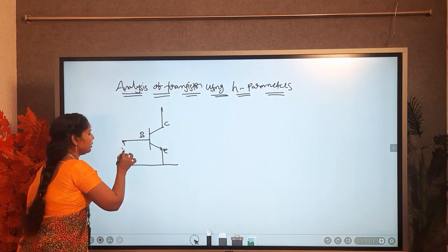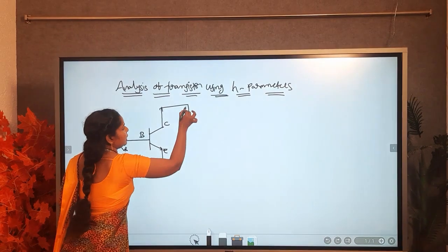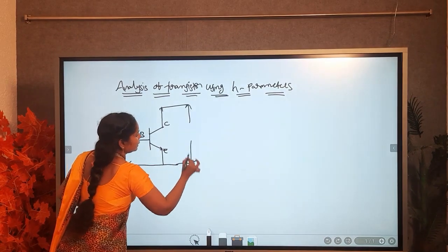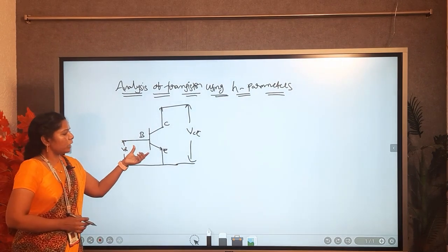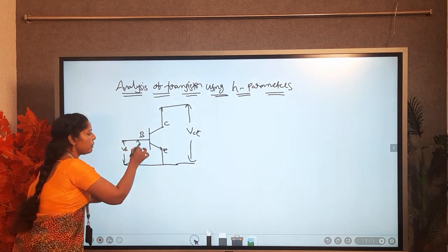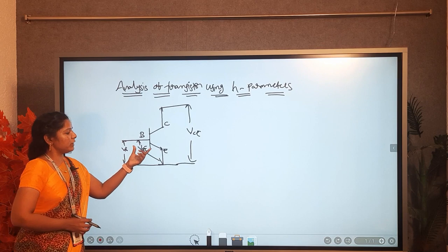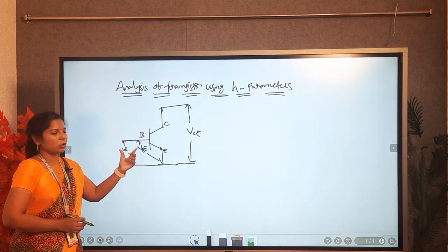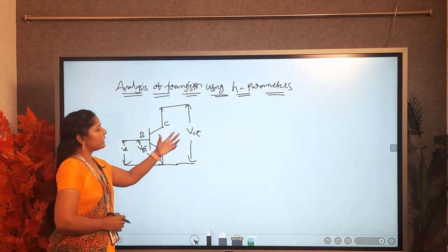In that we are giving the input, and on the collector side we are getting the output. We are applying the input voltage between the base and emitter, so the applied input voltage is VBE.